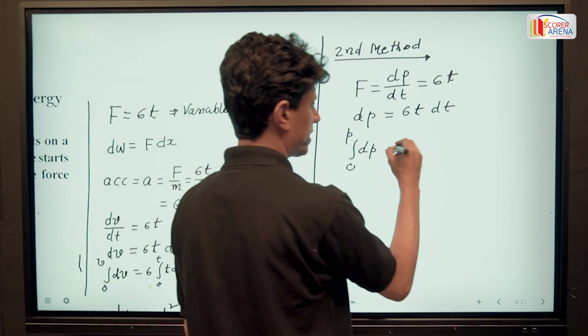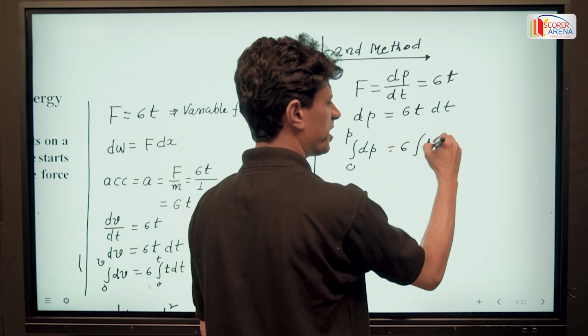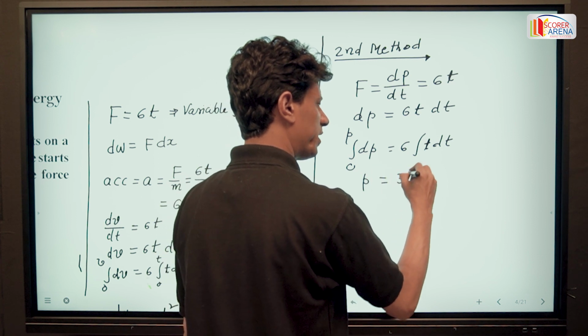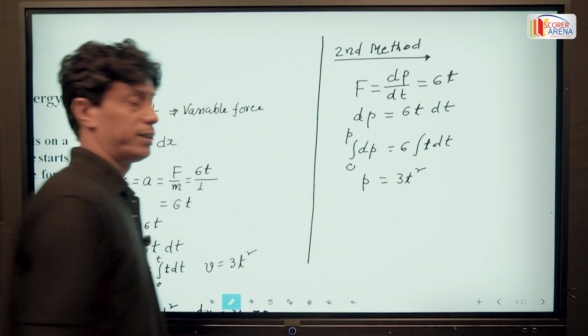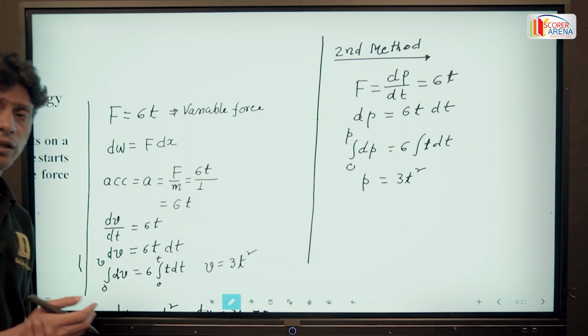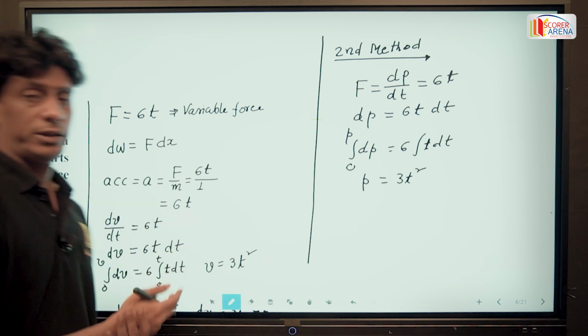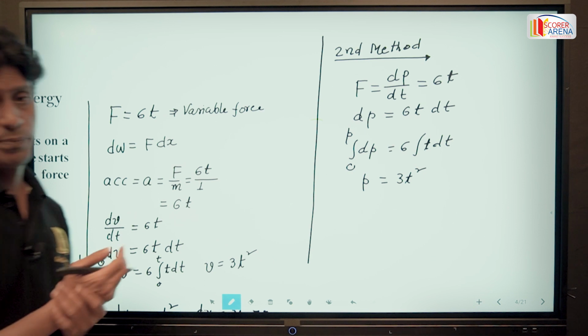So this is 6 integration t dt. So p is equal to 3t squared. So this is the final momentum of the particle, where the force given is 6t.